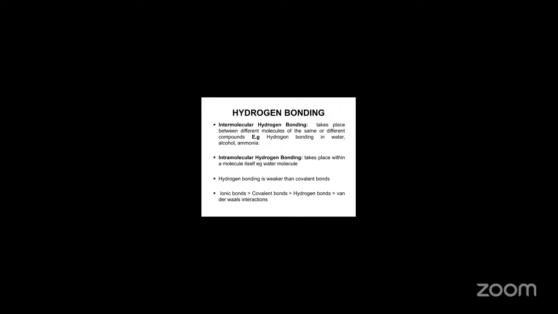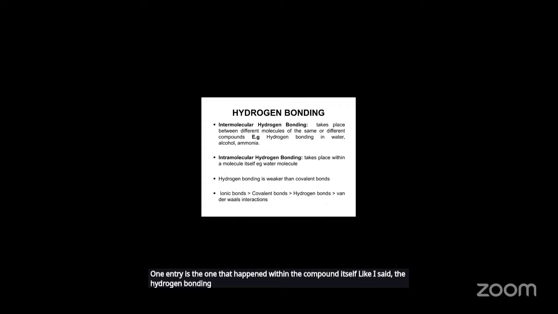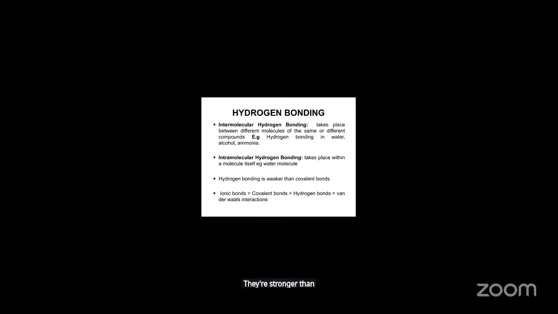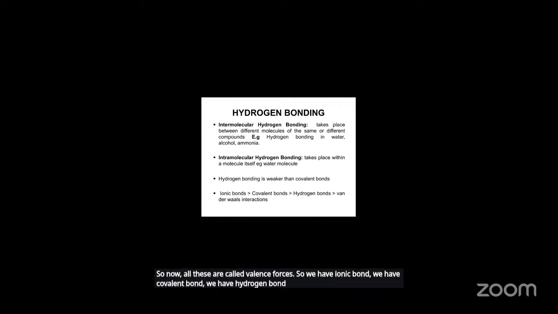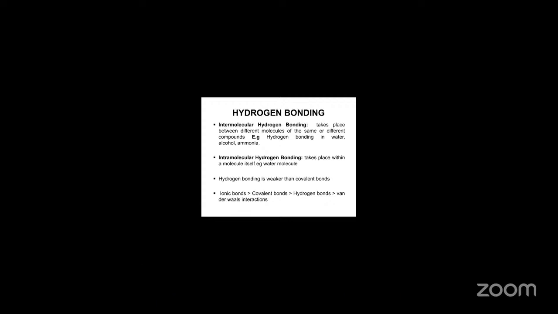Like I said, hydrogen bonding is weaker than covalent bonding, but stronger than van der Waals force of interaction. So now, all these are called valence forces. So we have ionic bond, we have covalent bond, we have hydrogen bond, we have van der Waals interaction. These are all valence forces. It is shown on the slide, with their strengths.